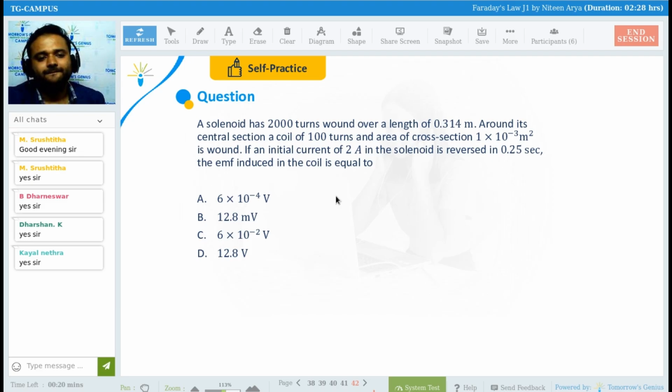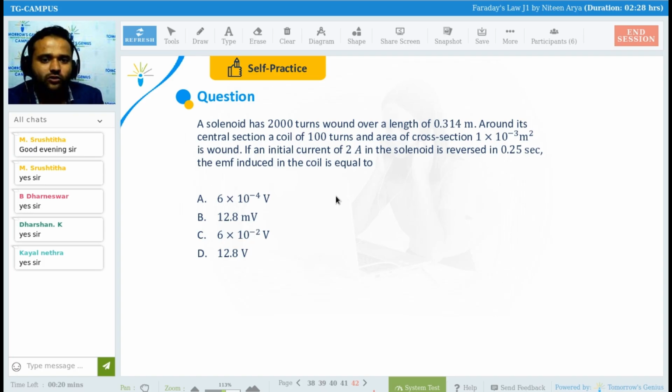Hint I simply elaborated: first of all, find the magnetic field due to the solenoid, then magnetic flux due to this change. Area is the same, and if initial current is 2 ampere, it is going to be reversed. The direction of current is going to be reversed, so due to this, phi is going to change.